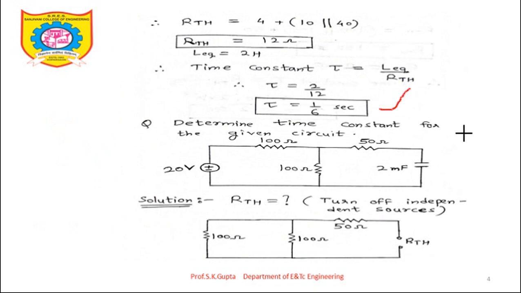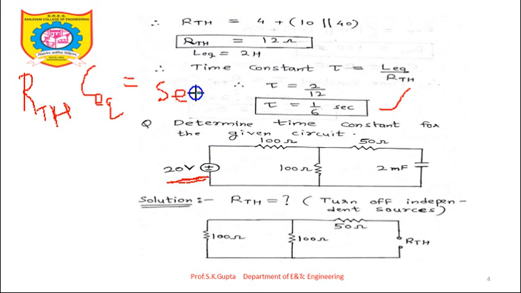Okay, now third one, determine the time constant for the circuit given in figure. So here 120 volt source is also present, and we have to determine the time constant. This is an RC circuit. For RC circuit, time constant is RTH into C equivalent, and unit of this is seconds.